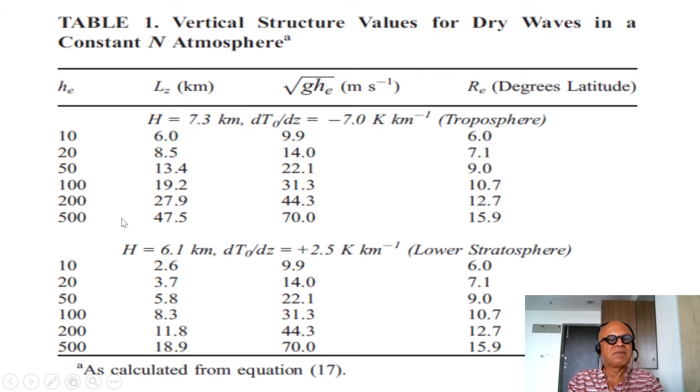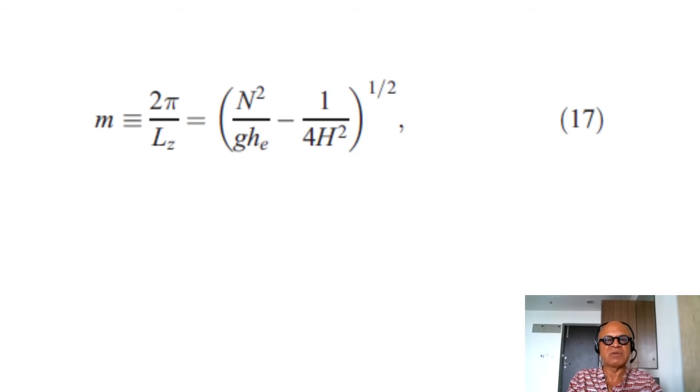So the main problem that turns out is that for the dry waves there are large observed wavelengths and corresponding wave numbers, and corresponding equivalent depths that we get here can be observed, so that there is a correspondence between the vertical wavelength and the equivalent depth we compute from the derivations we made here.